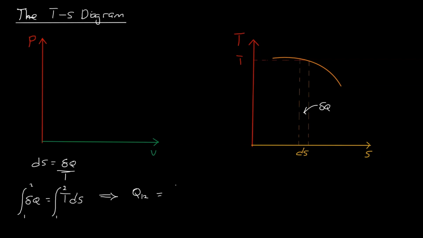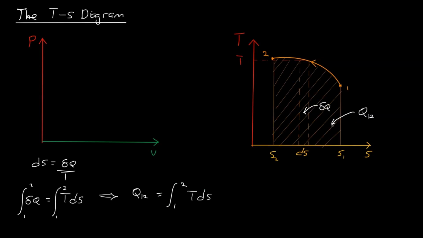And so the integral Tds from state 1 to state 2 corresponds to the area under the TS diagram for the process. We can therefore conclude that the area under the process curve on a TS diagram represents the heat transfer during a reversible process.